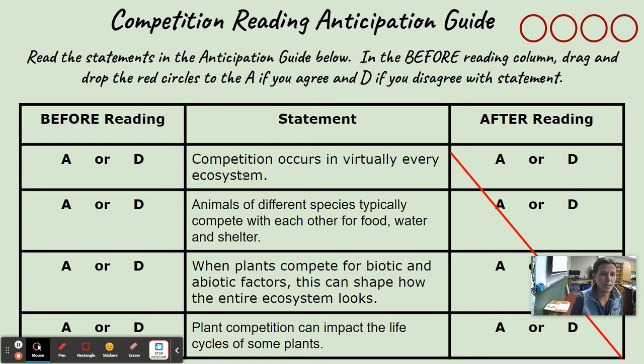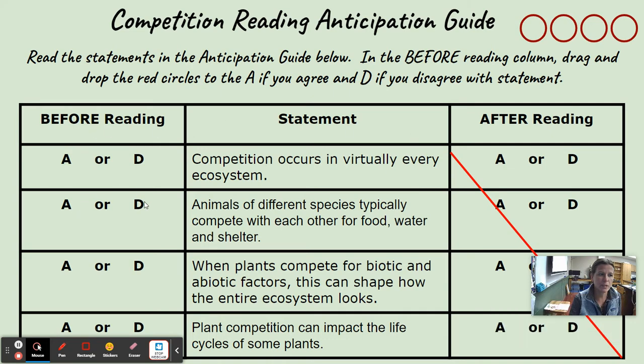So the first statement says, competition occurs in virtually every ecosystem. Agree or disagree? Animals of different species typically compete with each other for food, water, and shelter.